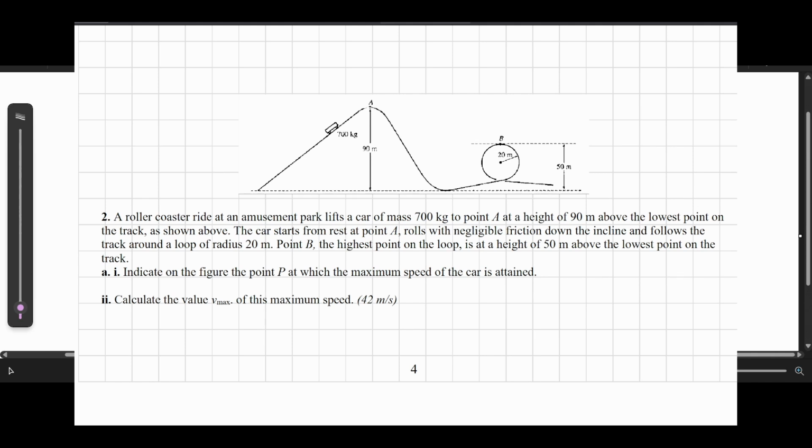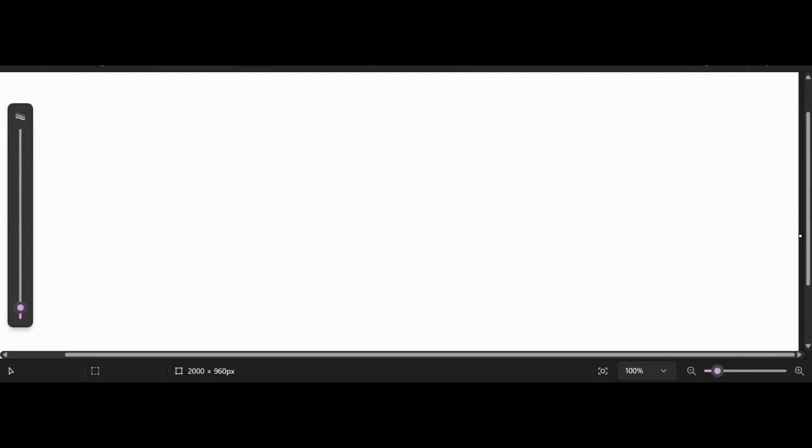A1 says indicate on the figure the point P at which the maximum speed of the car is attained. And that's at the bottom of that little slope. At that point, you've converted all of that gravitational potential energy into kinetic energy, which is 1/2 mv squared. So 1/2 mv squared equals mgh.